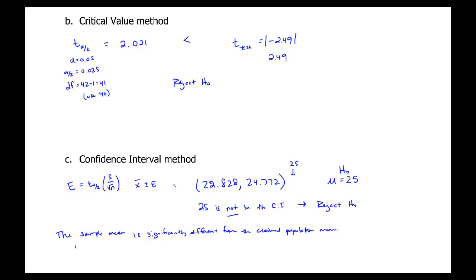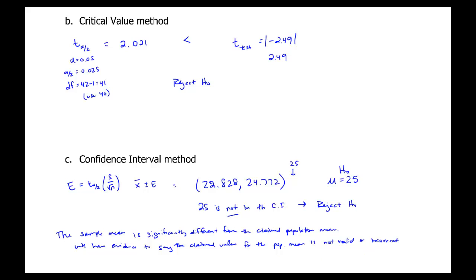We have evidence to say the claimed value for the mean is, we could say, not valid. So it's not a valid claim. Or it could possibly be incorrect. So we are rejecting the claim that the mean is 25. That means it's either not a valid claim or it's an incorrect number.